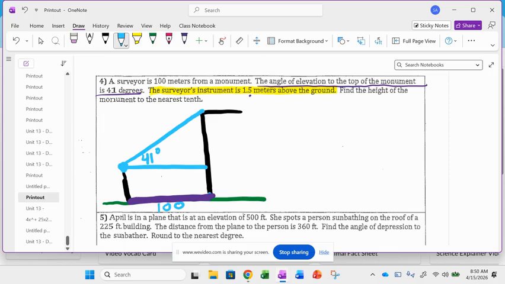So now we read the surveyor is 100 meters from the monument, got that, marked it, check. The angle of elevation to the top of the monument is 41 degrees, got that, marked it, check. The surveyor's instrument is 1.5 meters above the ground. Where do you think I'm going to label that 1.5 meters?